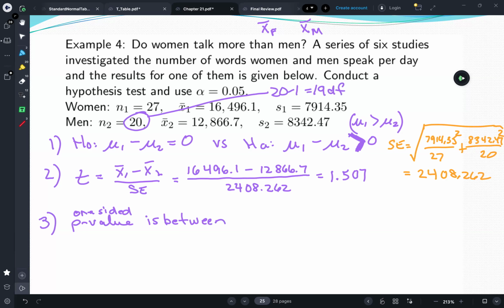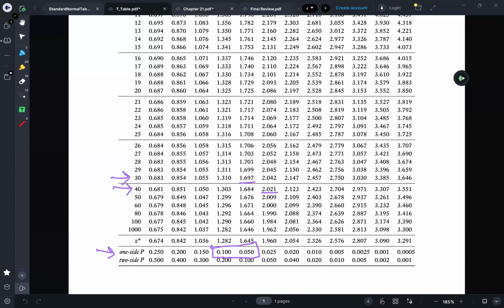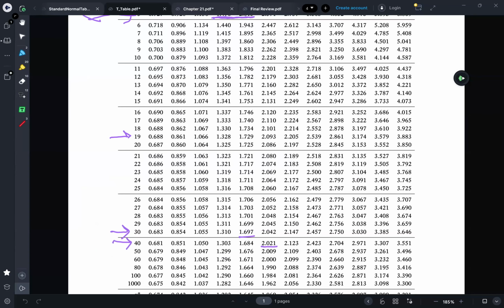Let's go to the table and find this value here, 1.507 along that row. We go over to 19 degrees of freedom right here. 1.507 was our value. We want to see where that would fall. And I think it's falling between these two values, right? You can double check, make sure it falls right. 1.507 is falling in between those two values.